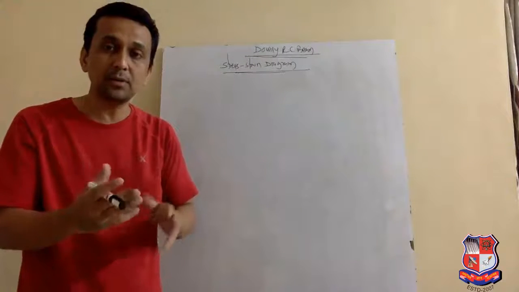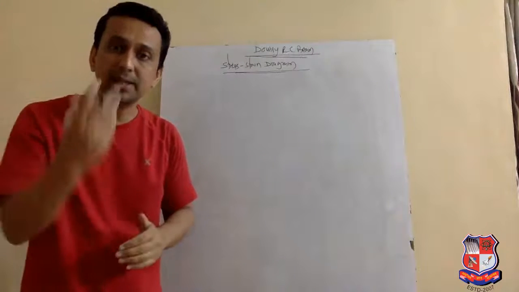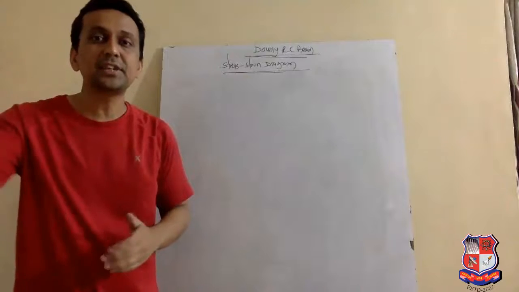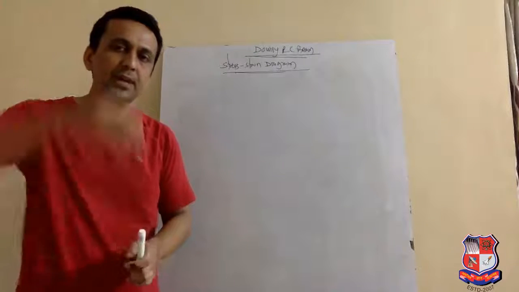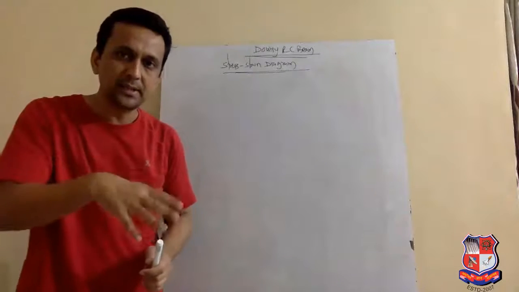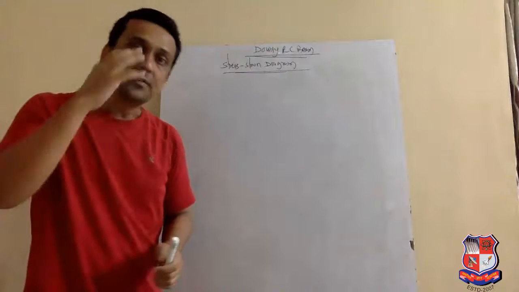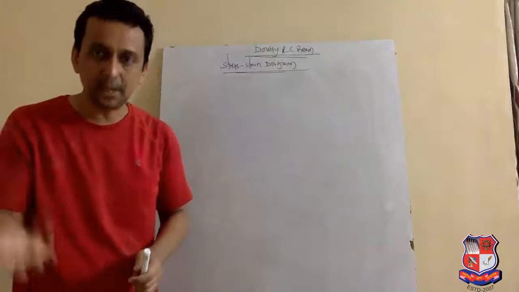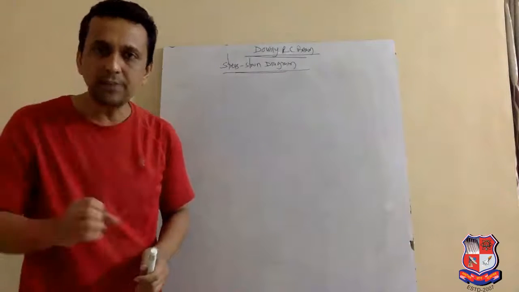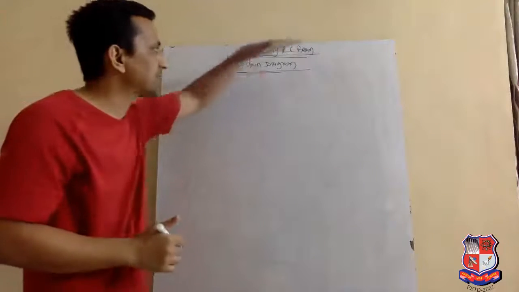I'm talking about the behavior of a material at different stages of load. It means when we apply load on the material at different stages, how that material will behave. We get all that information from the stress strain diagram.